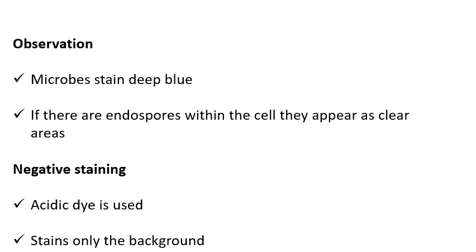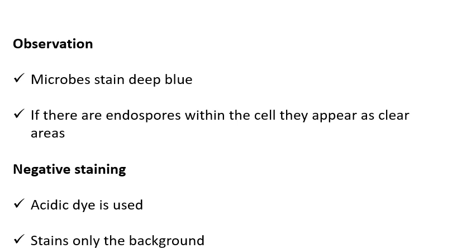The staining technique which I have explained now is called positive staining, because in simple staining there are two different types of staining techniques. First one is positive staining, as I have explained now. Another one is negative staining. In positive staining, when you apply the stain, the microbes take that stain and the background will be colorless or transparent.